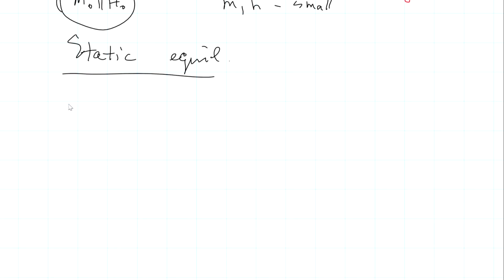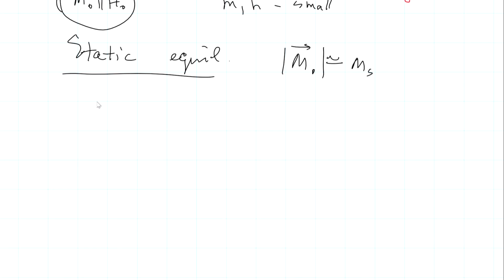And in static equilibrium, we will say that our m naught is approximately equal to ms, so it's saturated. I wouldn't draw arrows here, so let me go back with arrows. Or I can leave it, but I would say that the magnitude of this m naught is approximately saturation magnetization.